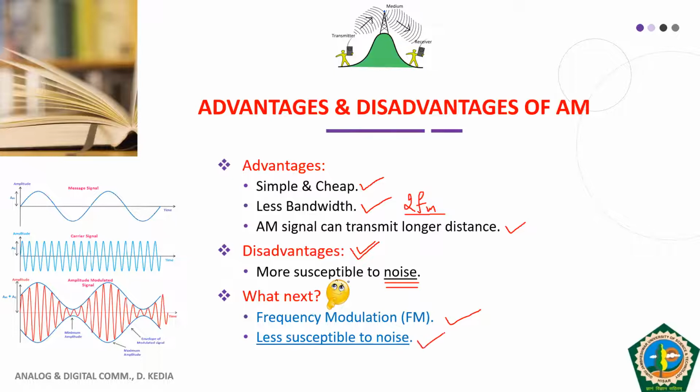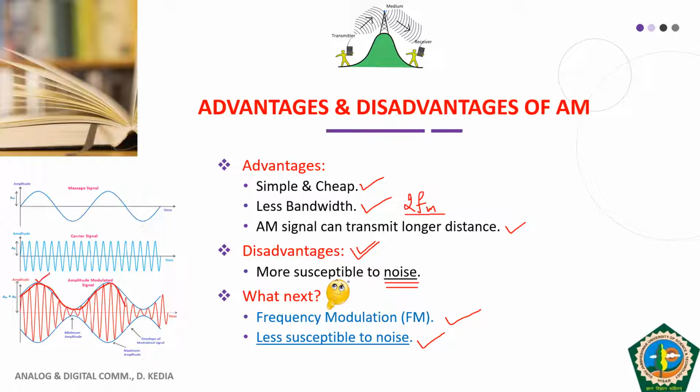The biggest advantage of frequency modulation is that it is less susceptible to noise, meaning the effect of noise is very less in case of frequency modulation. Now the question arises, why is AM more affected by noise and FM less affected? The main reason is that in case of AM, our information is present in the amplitude of the carrier.